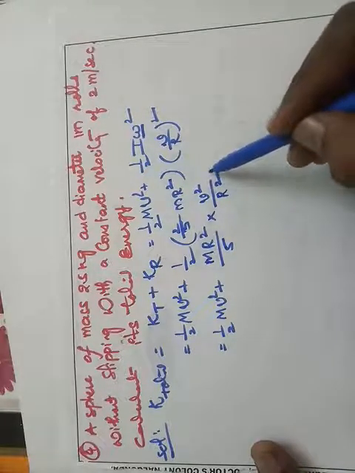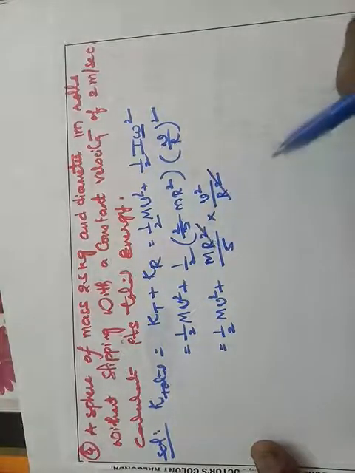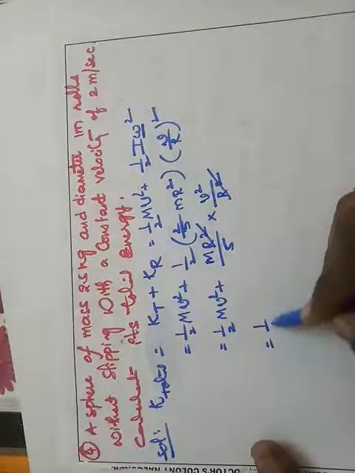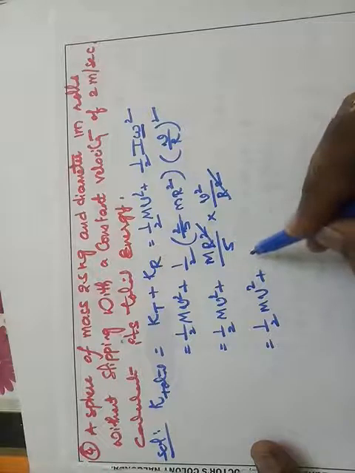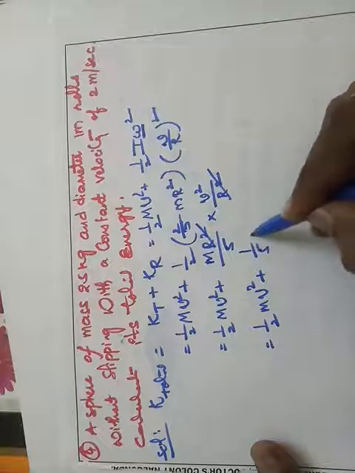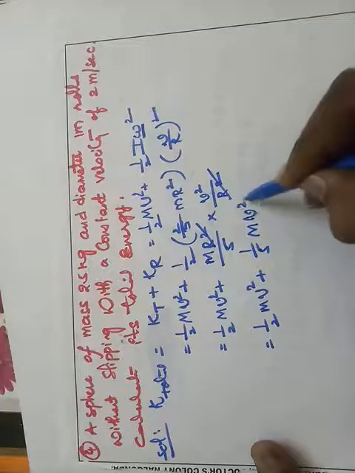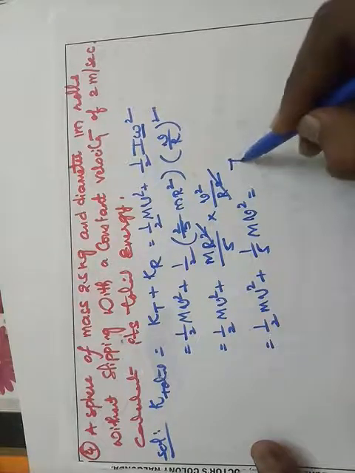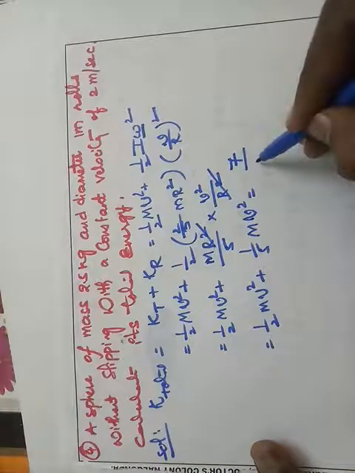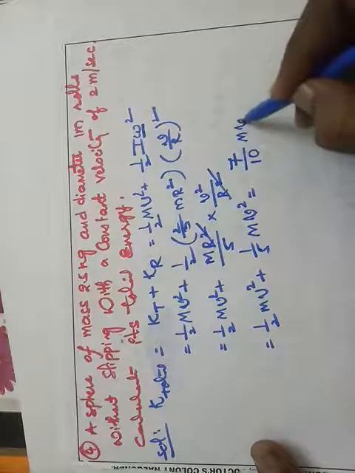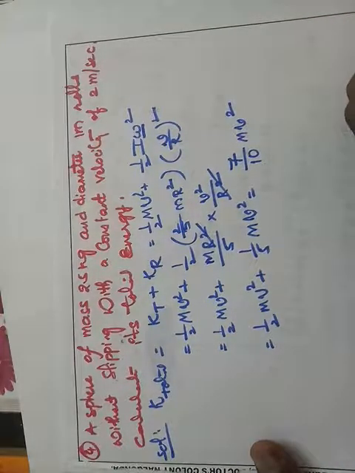So here r squared cancels. What we get is 1/2 mv squared plus 1/5 mv squared. So finally we get 7/10 mv squared, right? So what is m?